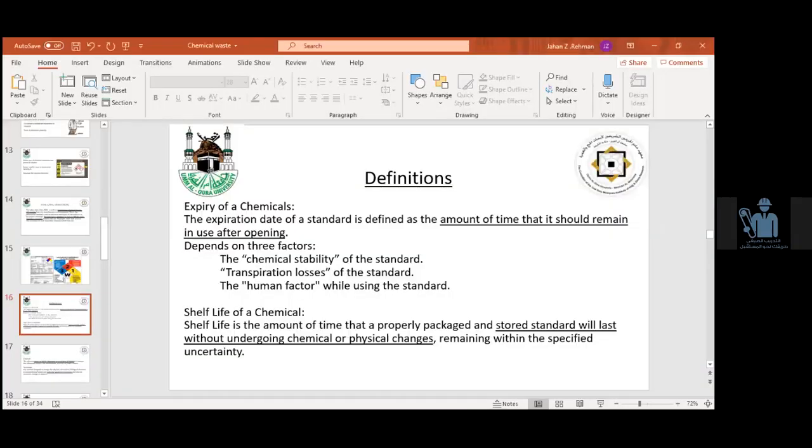So expiry of chemical is related with the concentration.